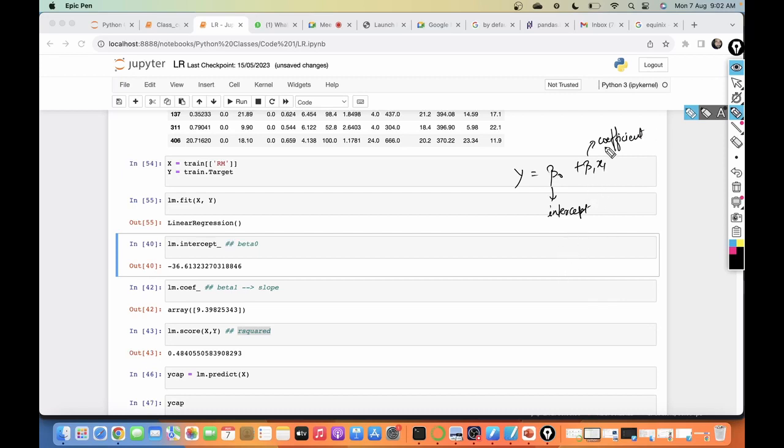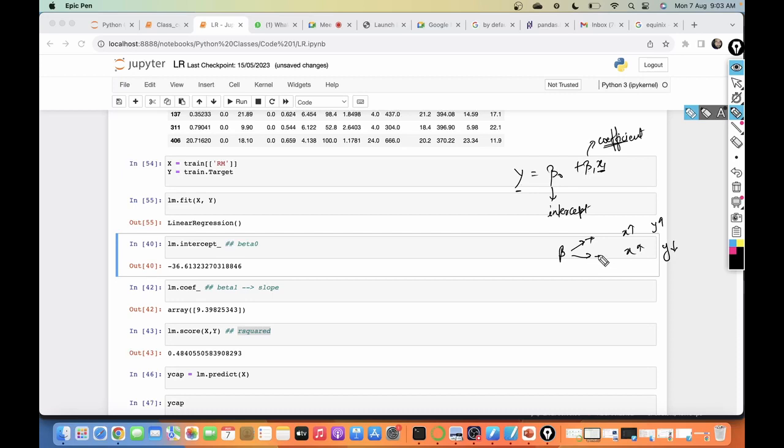We have also seen what the coefficient refers to: how this x variable is related to y. If the value of beta is positive, then if x increases, y increases. If beta is negative, then if x increases, y decreases.